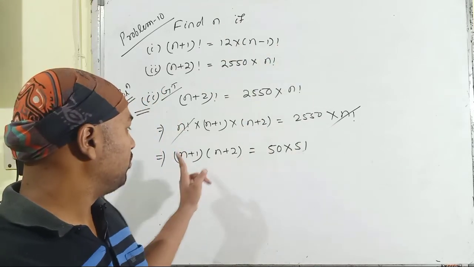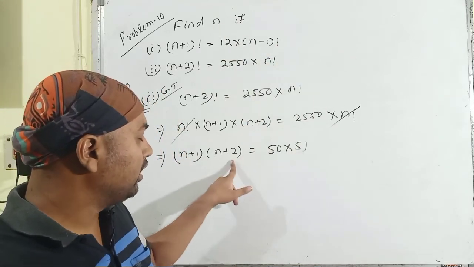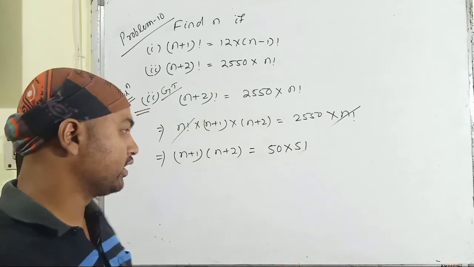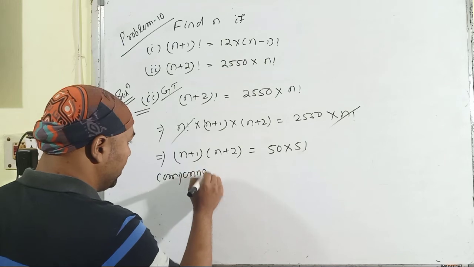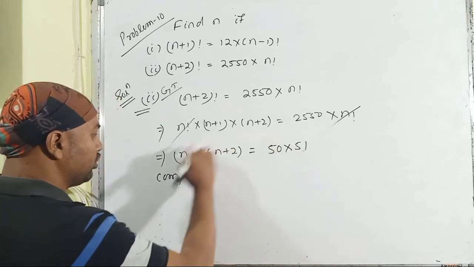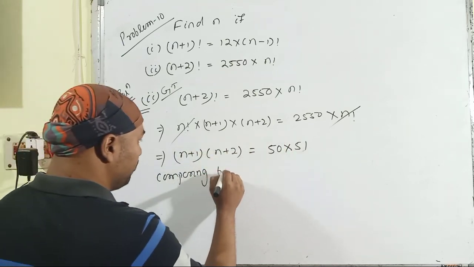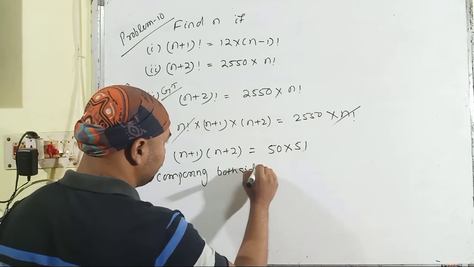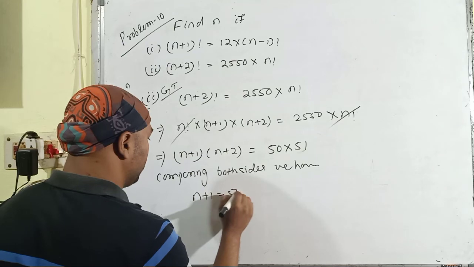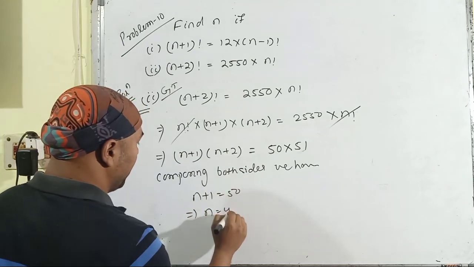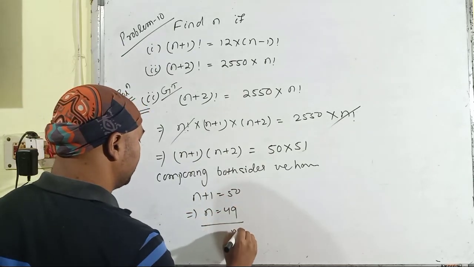That means the first is the smallest number in both cases and the second is the greatest, the next term. So comparing both sides, you can compare any two, either the first two or the last two. We have n plus 1 is equal to 50 and the value of n is equal to 49. Here is the answer.